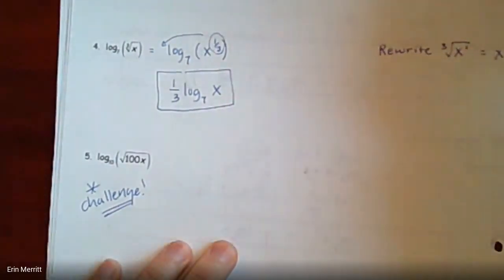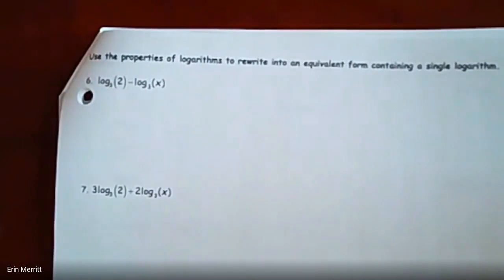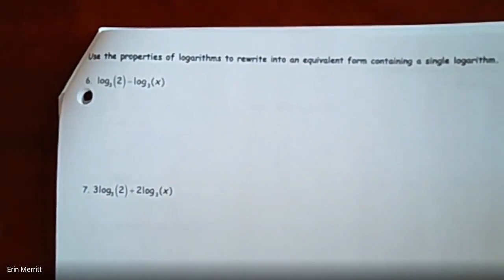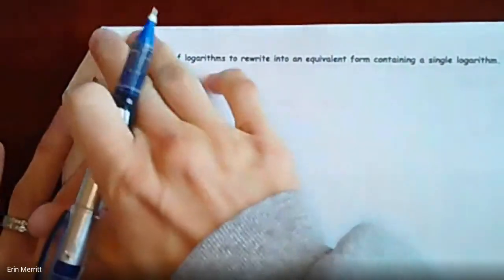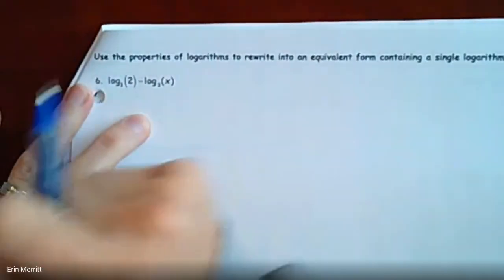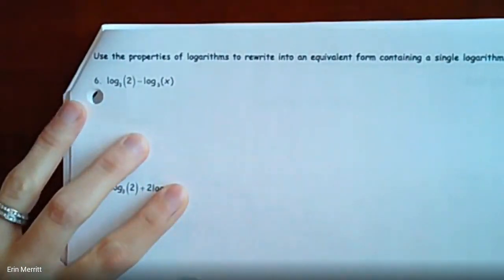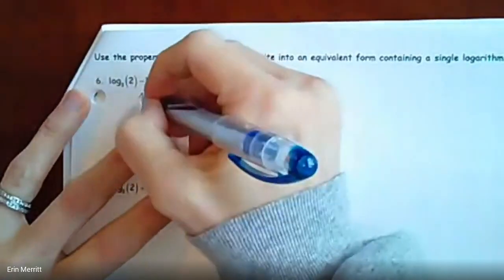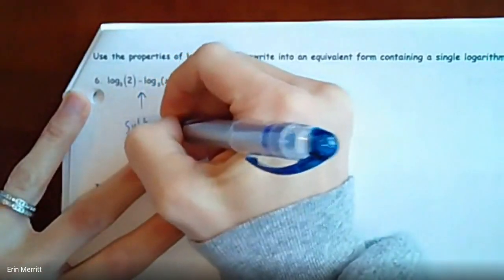All right. As for the next page, we're going to go in reverse, I believe. So we're going from expanded form back into: can we write it as a single logarithm? All right. So the very first one, one thing at a time. What I want you to look at is I see 2 separate logs and I see subtraction.